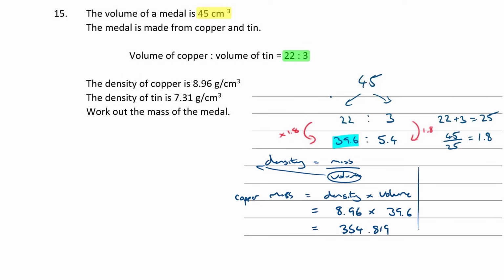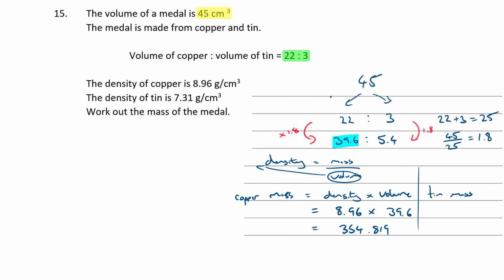And then this side I'm going to work out the mass of the tin. So the tin mass, what's that going to be then? So I know that for the tin, I've got a density of 7.31 grams per cubic centimeter. And we worked out that we had 5.4 cubic centimeters of that. So again, multiplying those two numbers together.